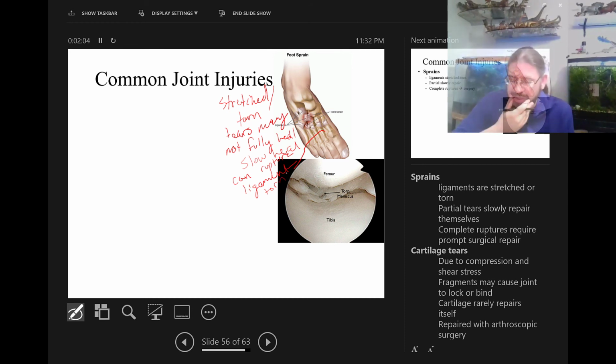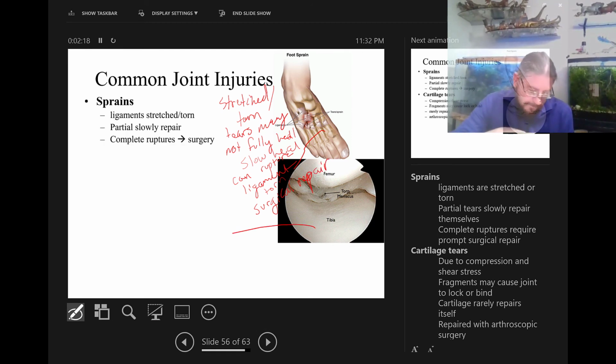It is separated. This requires surgical repair. So sprains can be minor and they can be very bad, and this is because you have a ligament issue. All right.